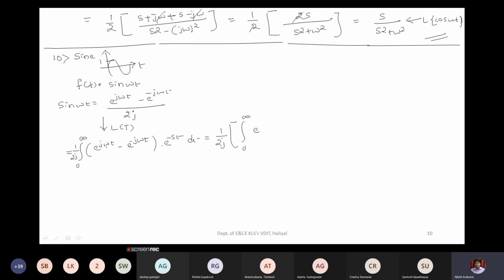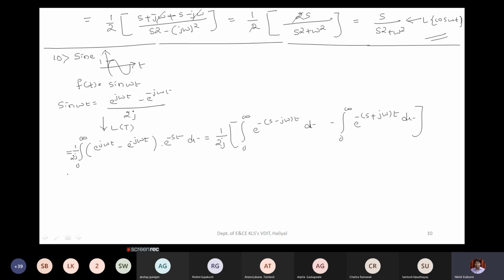So that is going to give you what? If you take t common, you will get j omega minus s, right? So if you take this one as e to the power minus s minus j omega t dt, then here we have minus instead of plus, integration of 0 to infinity, here it will be e to the power minus s plus j omega t dt.